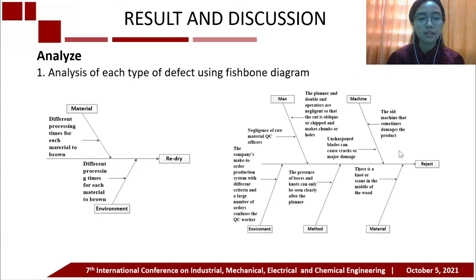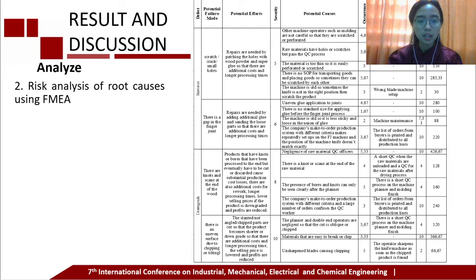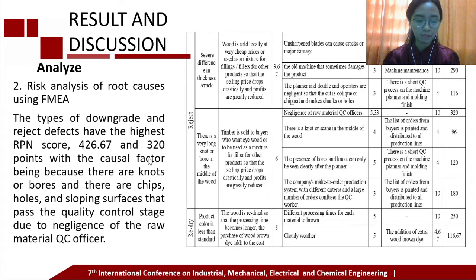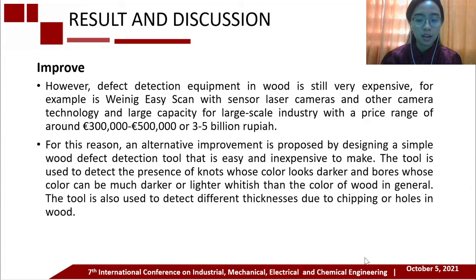We analyze each type of defect using a fishbone diagram, and then we analyze the risks of each root cause using FMEA. The downgrade and reject defect types have the highest risk priority number, as you can see.